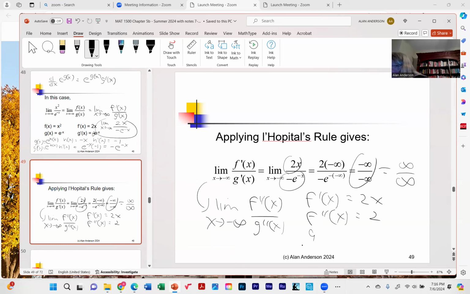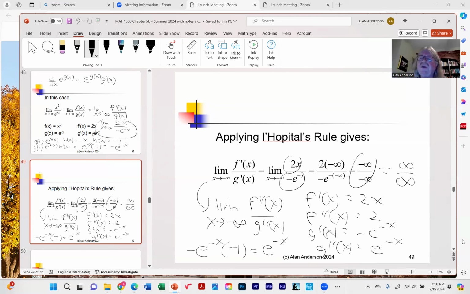And g prime of x is this negative e to the minus x. G double prime of x is going to be positive e to the negative x because it's going to be negative e to the minus x times negative 1, which is e to the minus x. So now that ratio may behave a little differently when we take the limit.